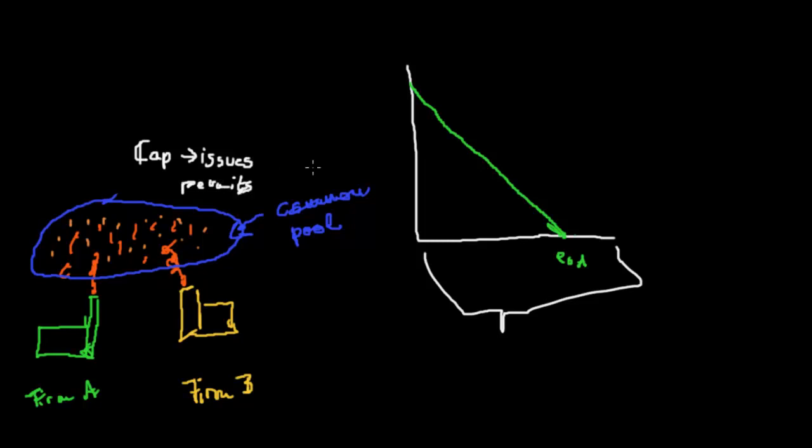The government does this. So the government caps the amount of emissions those two polluters can emit, and we say they are gonna allow 100 units of emissions, or issue equals 100 permits.